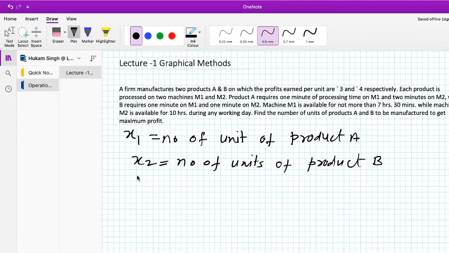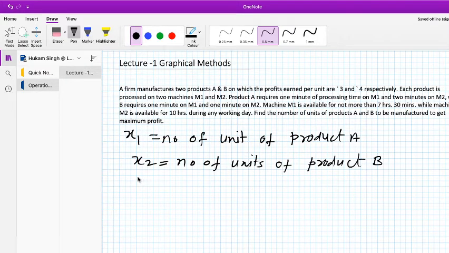Now, after finding the decision variables, we have to write down all the data that is given to us. That is going to help us formulate this as the standard LPP.